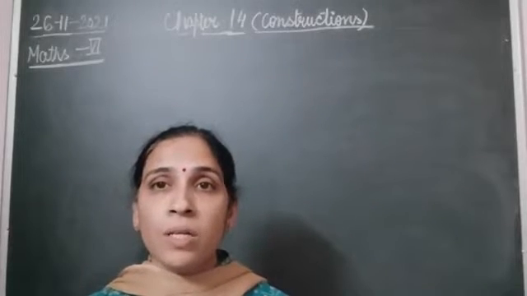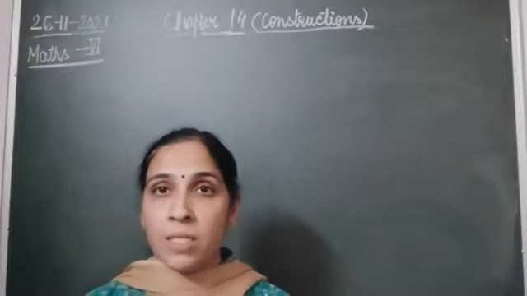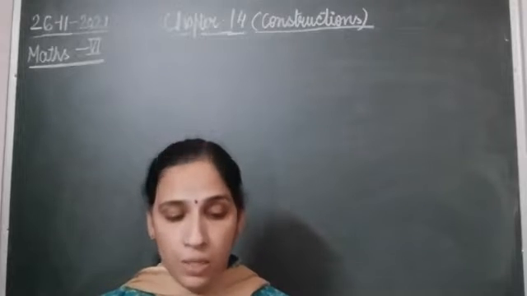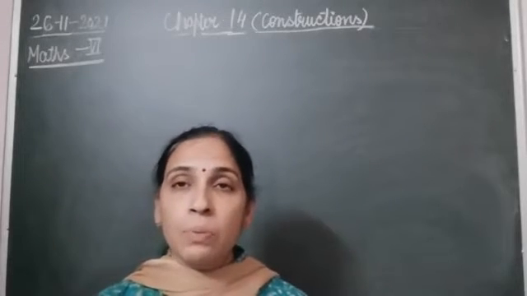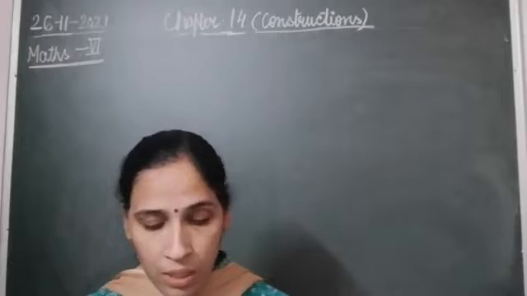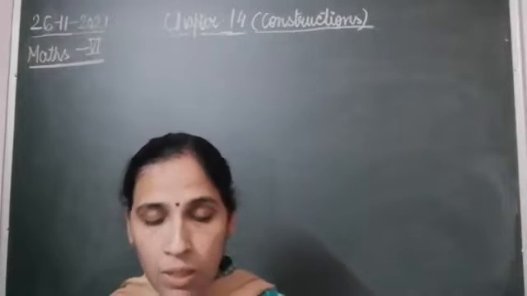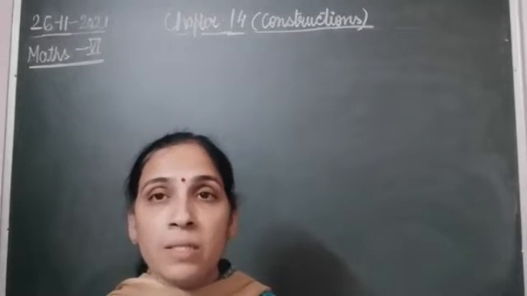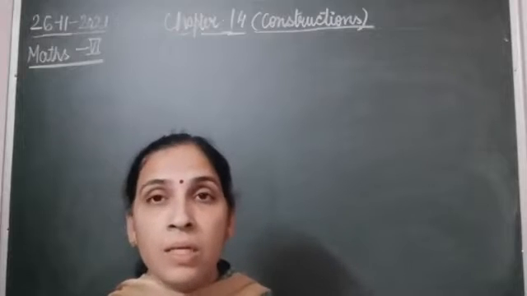Children, as you all are aware, in our last class we had started this chapter 14, construction, and we had started with how to draw a perpendicular bisector of a given line segment.